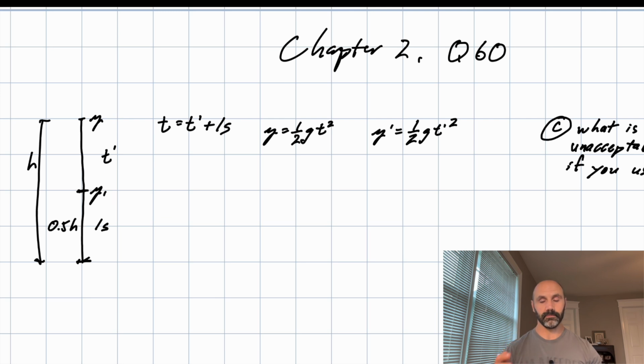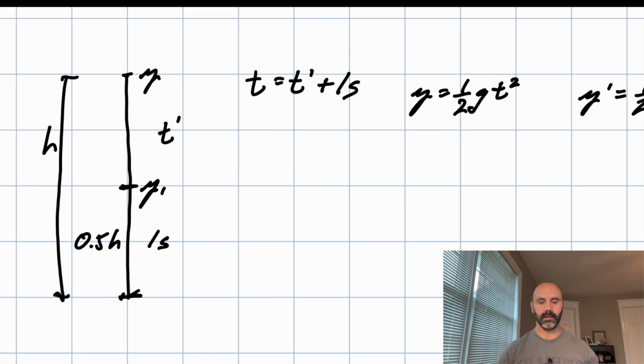Now here's a key thing. When you're setting up a really challenging problem like this, setting up the diagram and the labels are super important. So here's what I did. I have this distance, the total distance, I called h. And this is the last half.